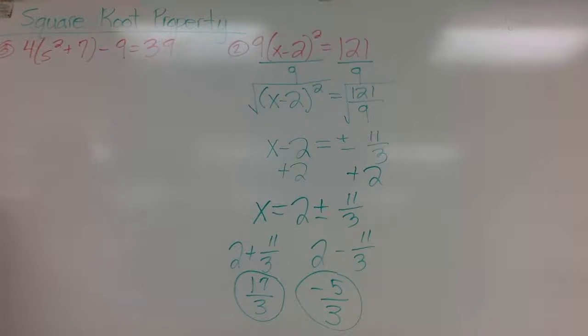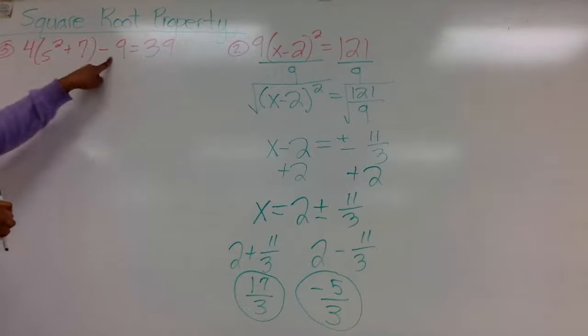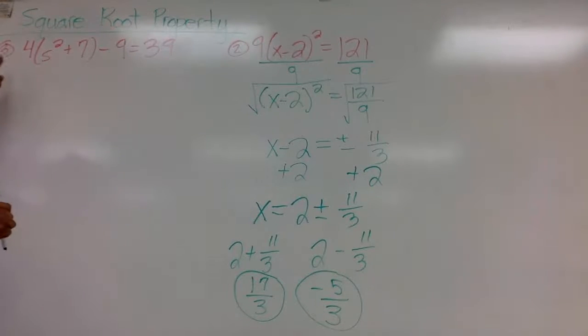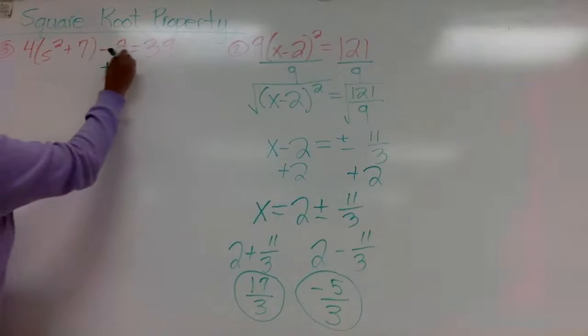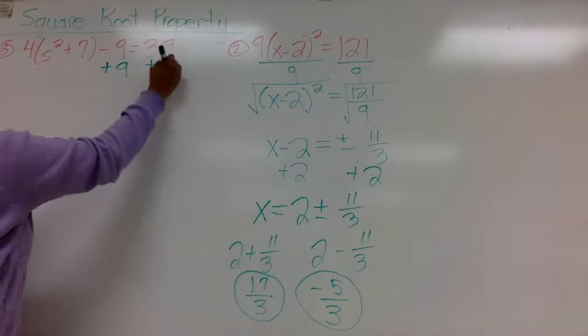All right, so let's go through and solve this problem. We need to get the s squared by itself first. So we need to add 9 to both sides, and we need to divide by 4.